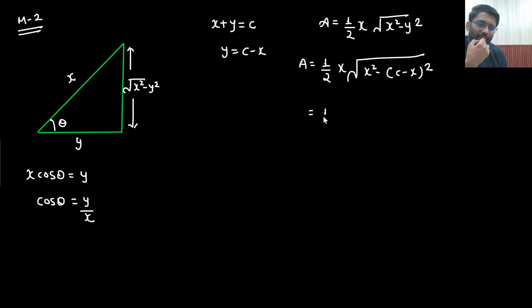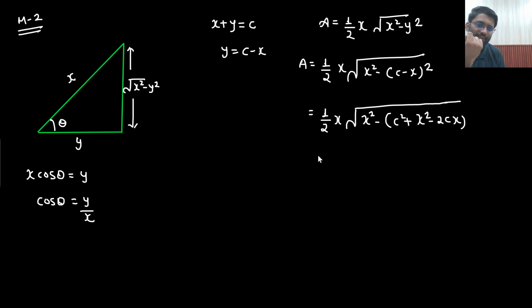So what I will do, 1 by 2 x under root x square minus c square plus x square minus 2cx. Okay. So 1 by 2 x under root 2cx minus c square.